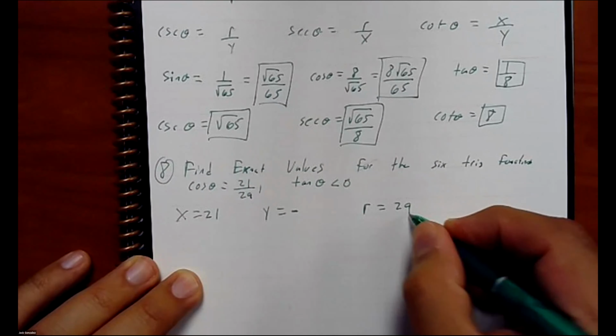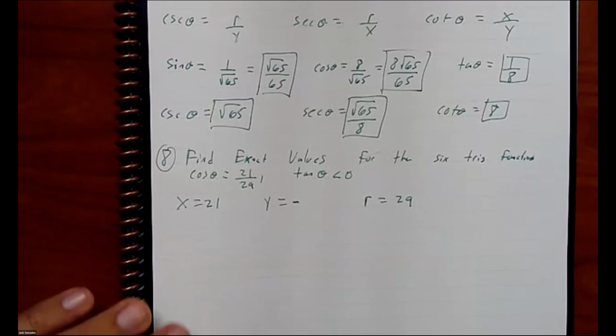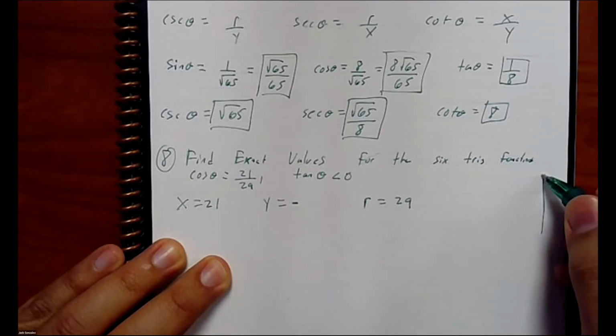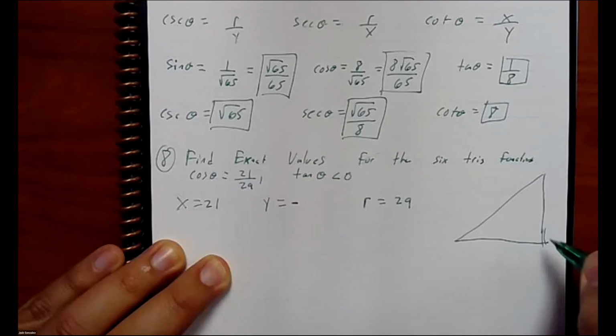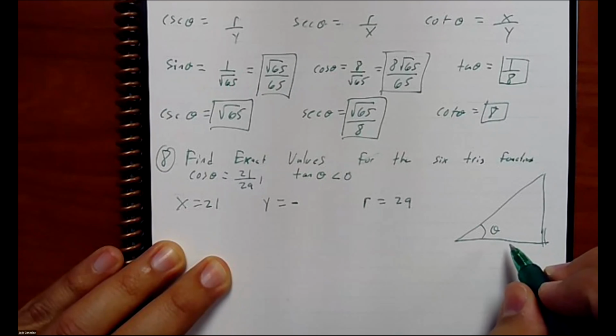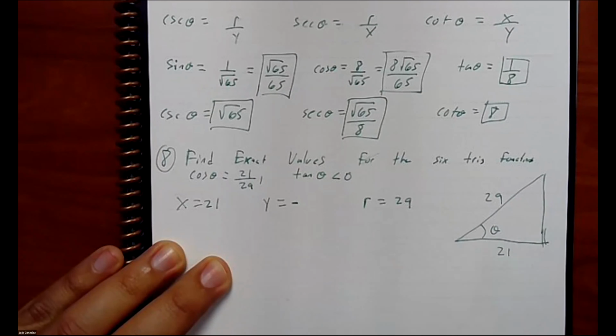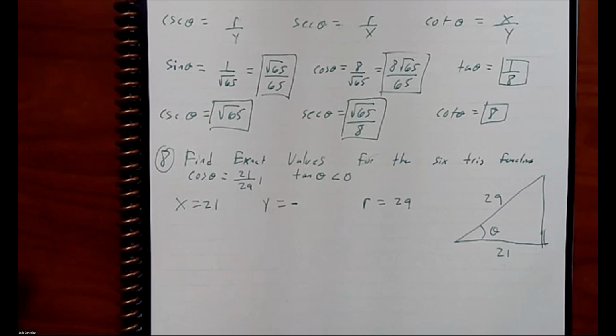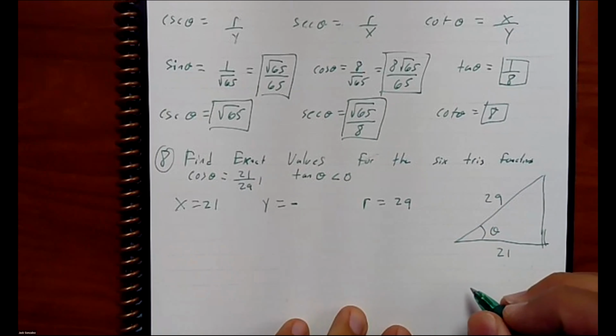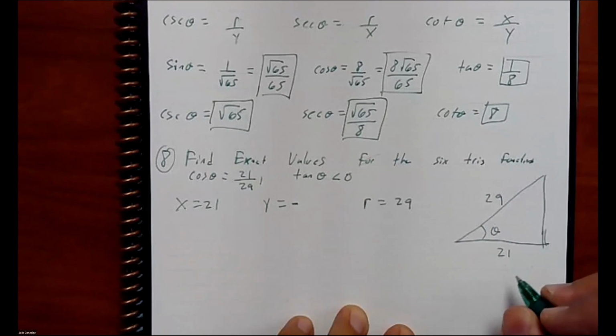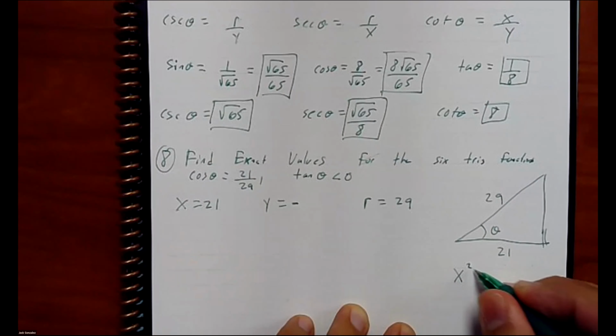R is equal to 29, right? So as theta is here, cosine would be 21 over 29. So solve for the missing side. What is that going to be? I don't know if it's a perfect magical triangle or not, but I feel like it might be.